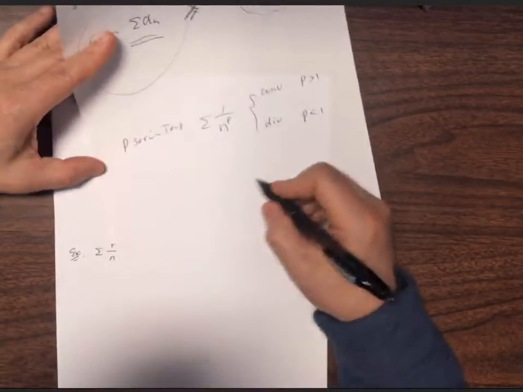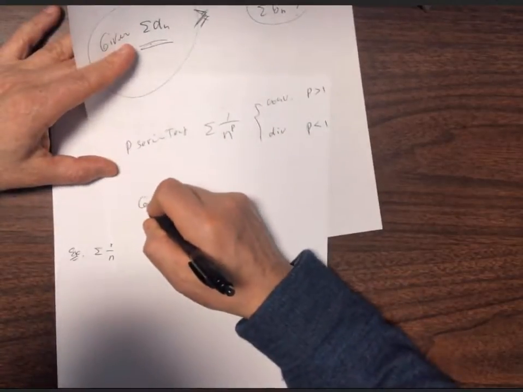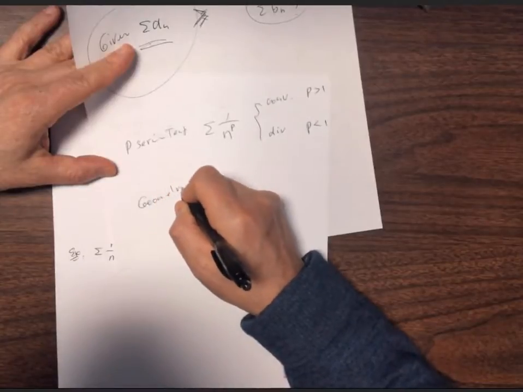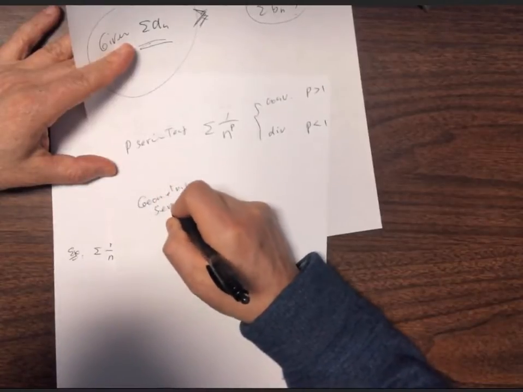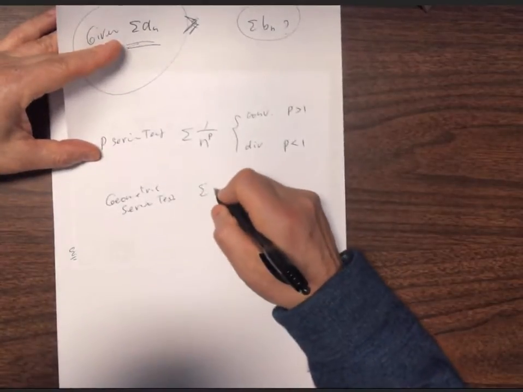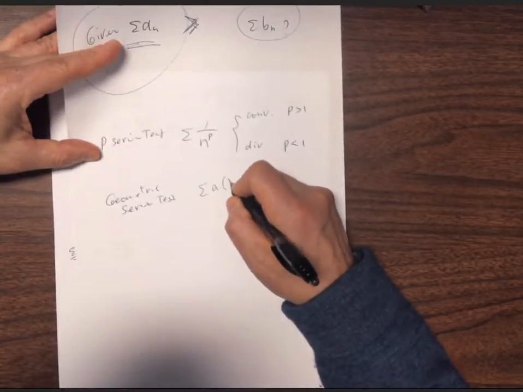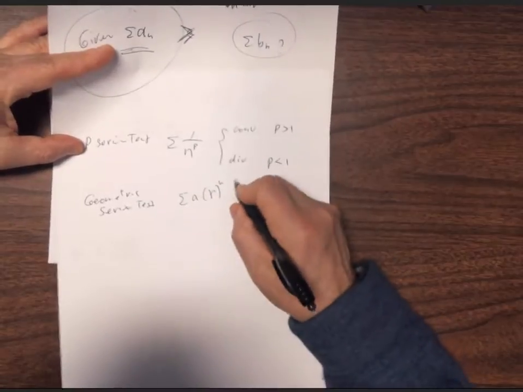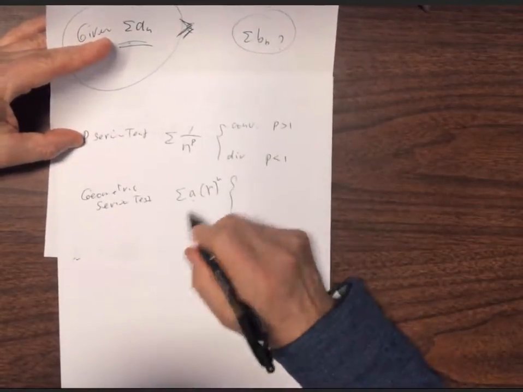And there's a geometric series test. It says basically a times r to the nth power, where a and r are constants.